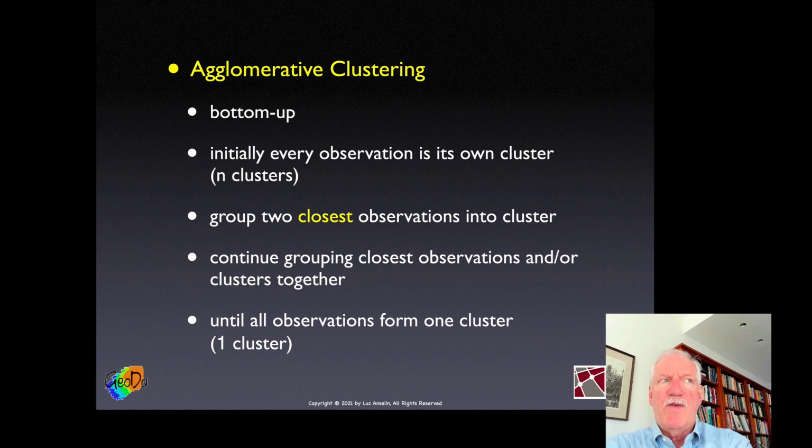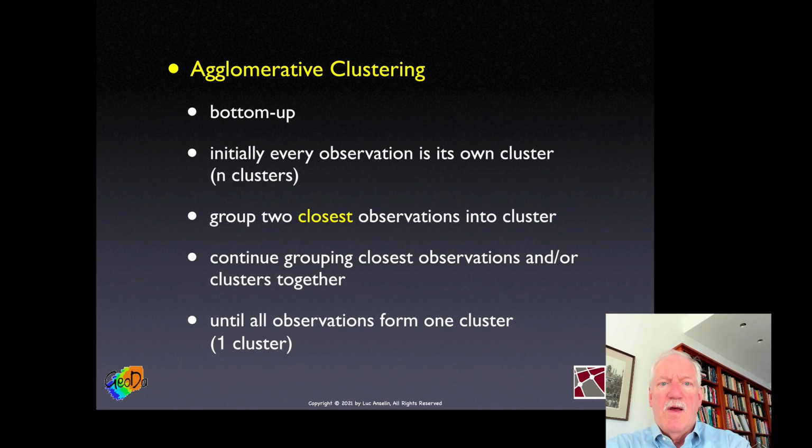Initially, we have n clusters, if n is the number of observations, and every observation is its own cluster. So if you think about it, what is the within sum of squares? It's 0, because there is no difference from one observation to itself, right? So the first step is to take the two closest observations and call them a cluster.